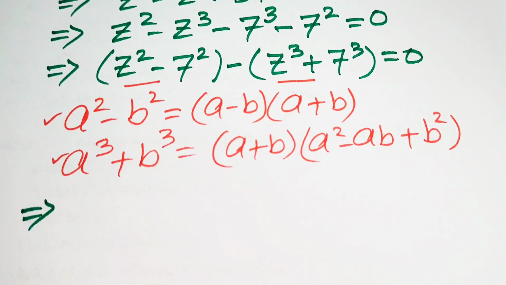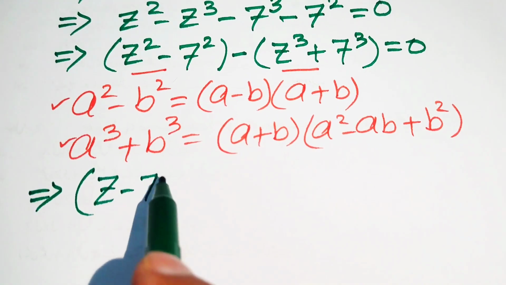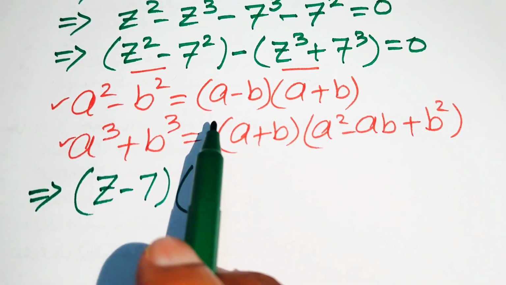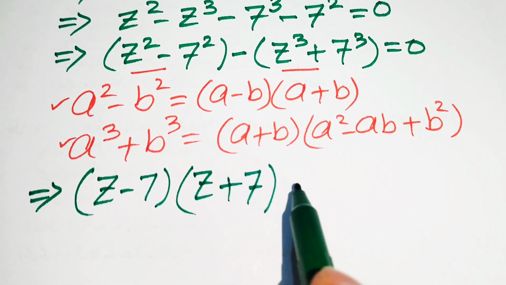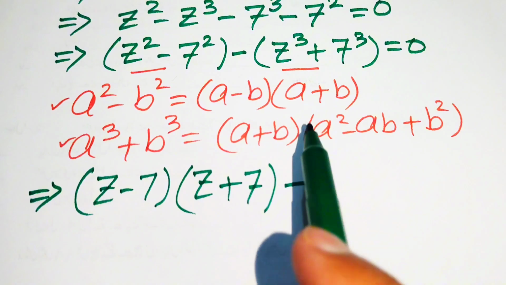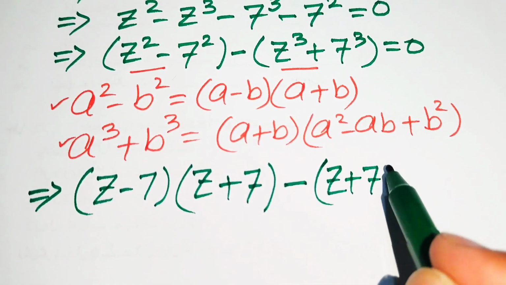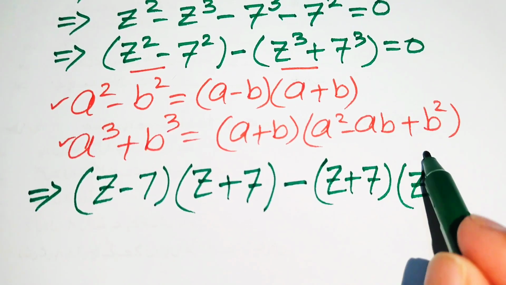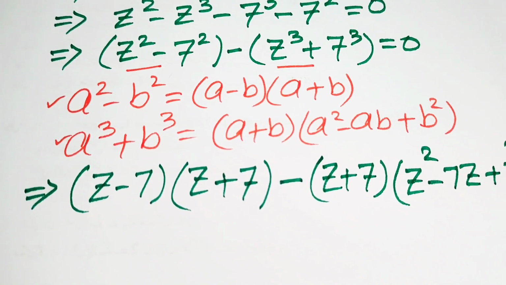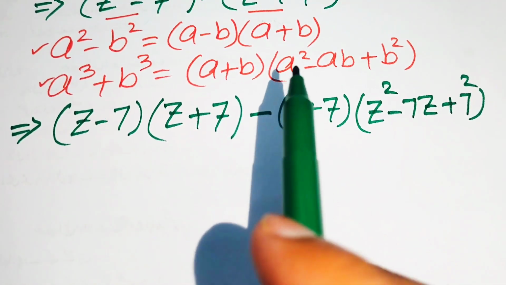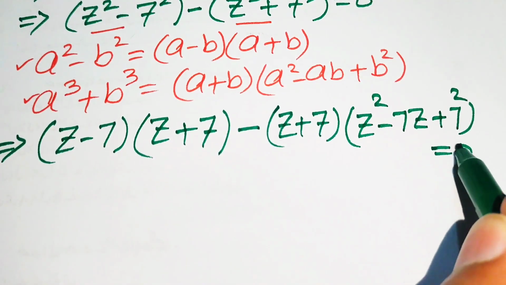So this expression will be written as a minus b times a plus b, so we write it as z minus 7 into z plus 7, and minus, here we apply the cubic formula on this term and it will be written as z plus 7 into z squared minus 7z plus 7 squared. So we use this cubic formula on the second factor, and this whole equals 0.